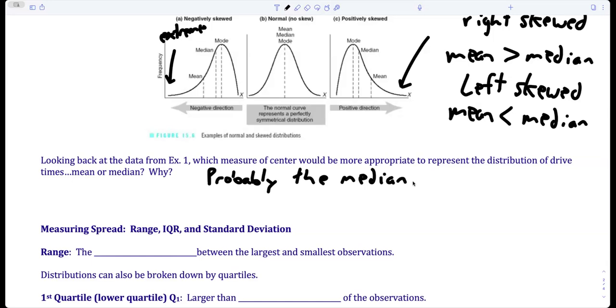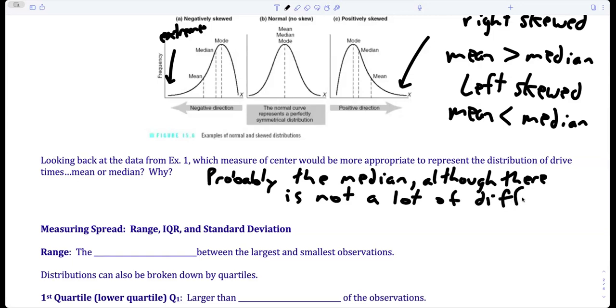Although there is not a lot of difference in this case.